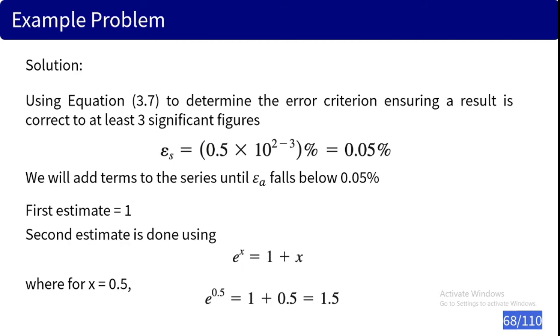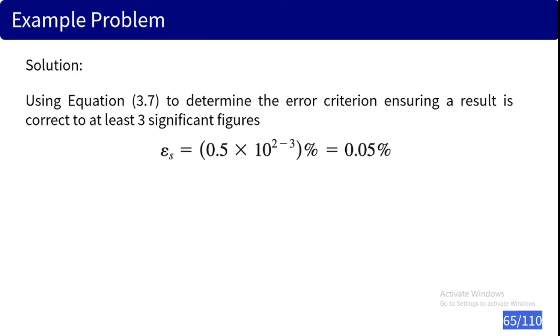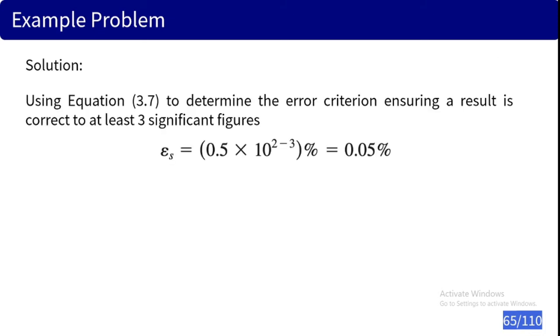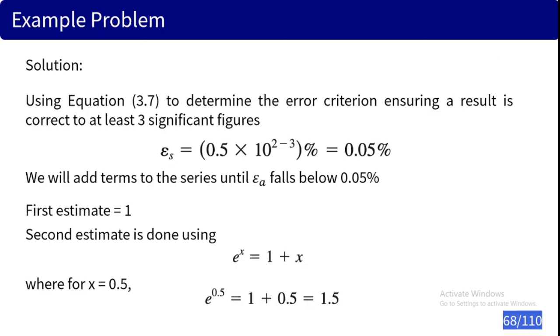Given that we are asked to estimate the value of the Maclaurin series at x equals 0.5, we substitute 0.5 after adding the second term. So for x equals 0.5, the approximation of e raised to the power of 0.5 is 1.5.